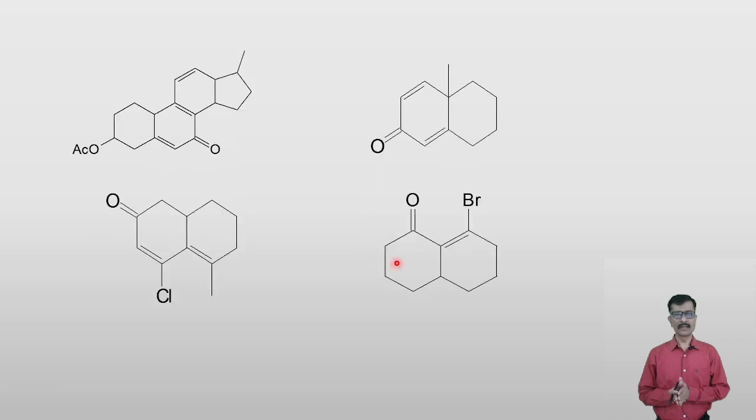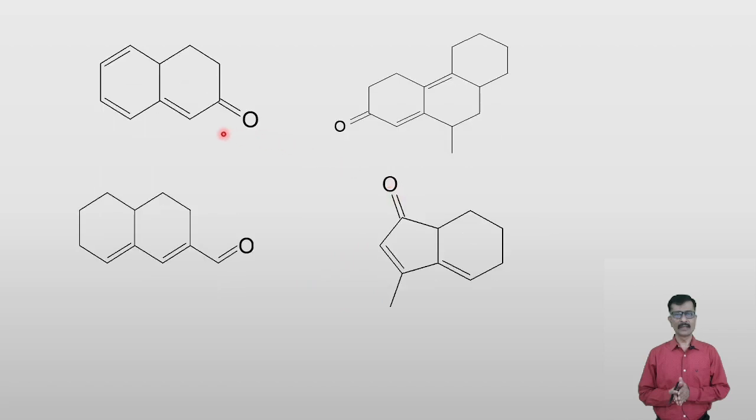Similarly, a few structures are quoted again for this particular enone system. So we can practice on this to find out lambda max for this class of compounds. Here it's a 5-membered ring, so we have to use a 5-membered ring system.